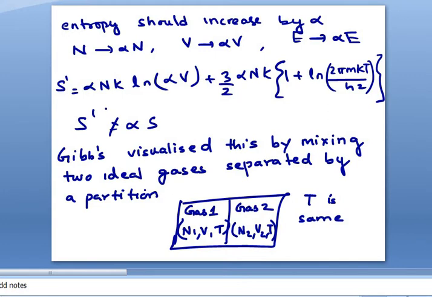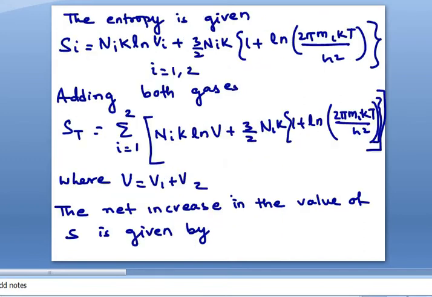This situation was visualized by Gibbs, and he considered an enclosure having two ideal gases separated by a partition. Gas 1 has parameters N1, V1, T, and gas 2 has parameters N2, V2, T. Again, we have two different gases in an enclosure, so the entropy collectively we can write down.